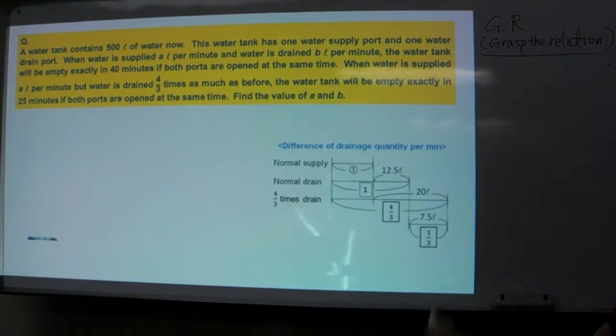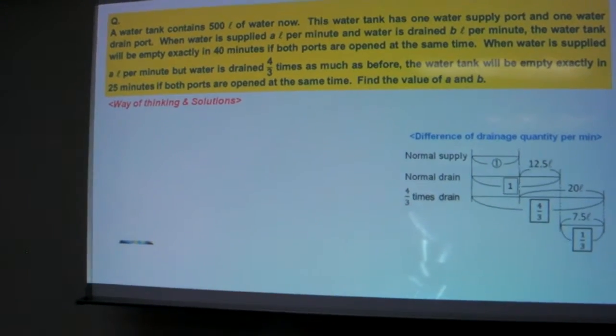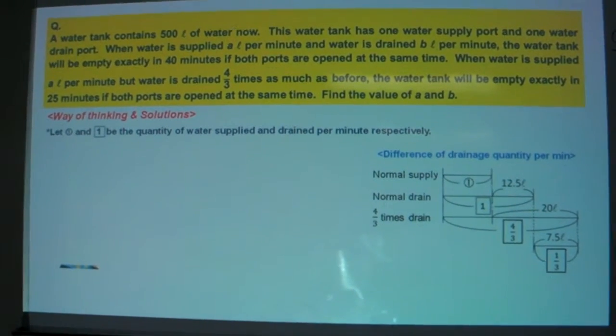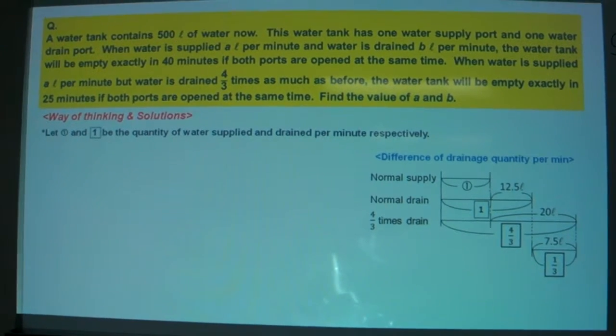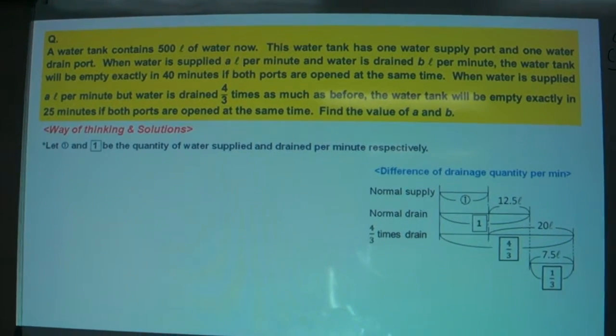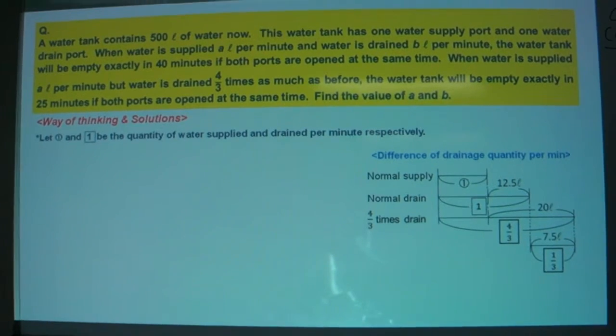Alright, so let's do it one by one. Let's represent A and B using 1 circle and 1 square. 1 circle means the quantity of water supplied per minute. 1 square means the quantity of water drained out per minute. Okay?